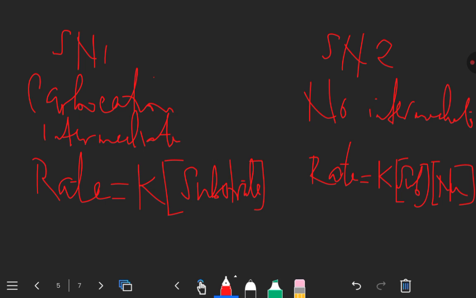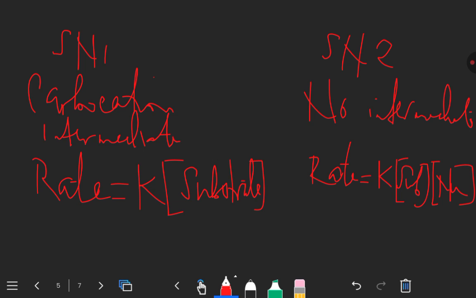But when referring to the SN2 reaction, the second order nucleophilic substitution, we say it is bimolecular. What I mean by bimolecular is that it is a single-step reaction, but it involves two molecules. No wonder we are saying it is bimolecular.